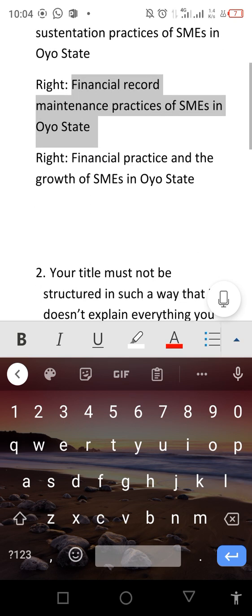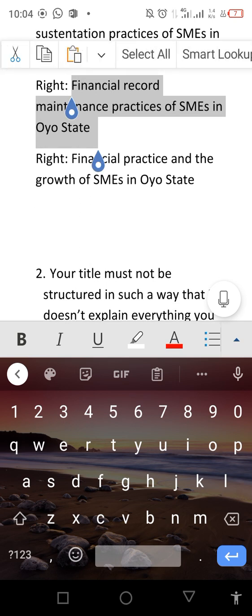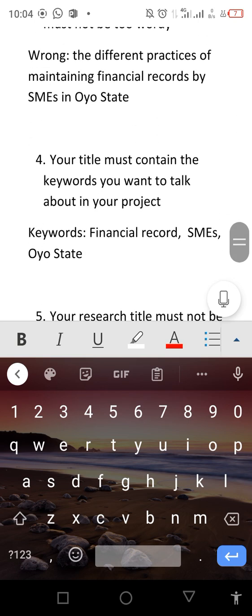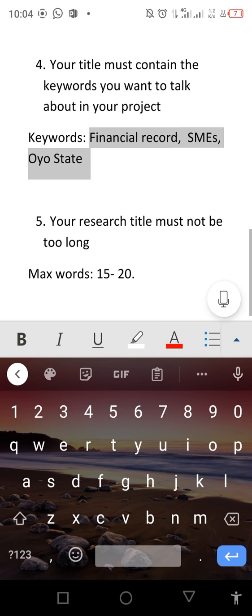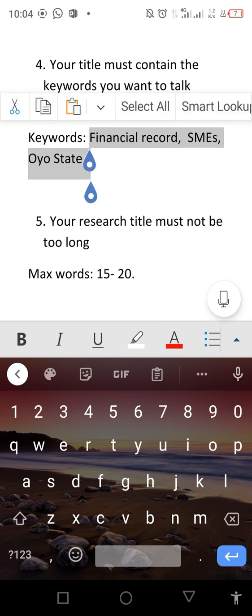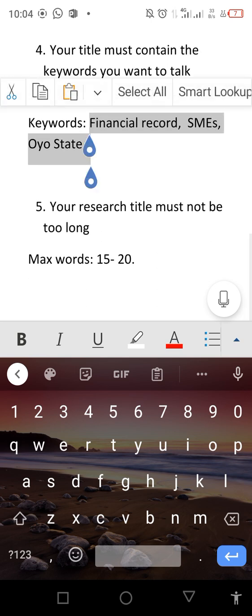We have financial records, we have SMEs, we have Oyo State. So the keywords are here, because those are the things we are going to talk about. The financial records in our topic, SMEs, Oyo State. They are important. They must be there.